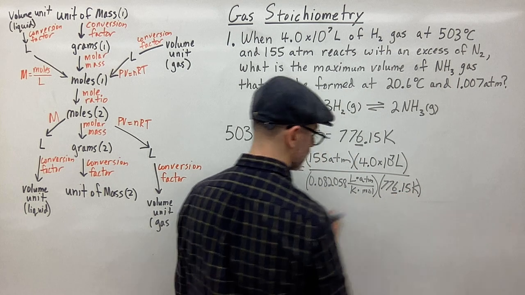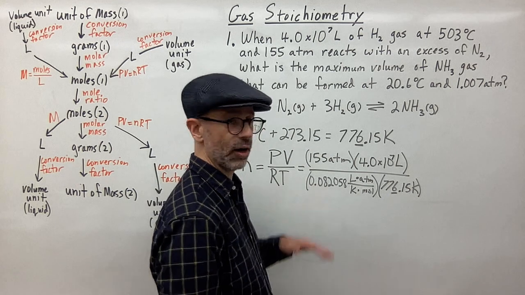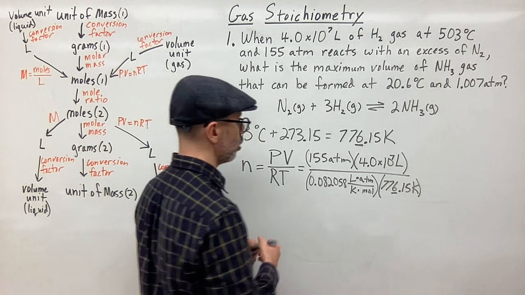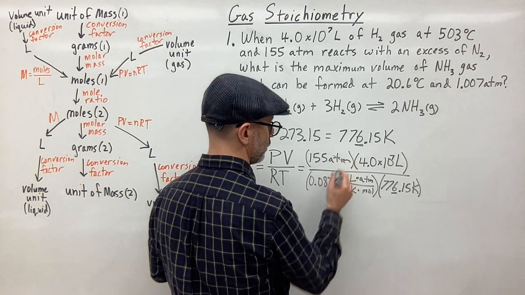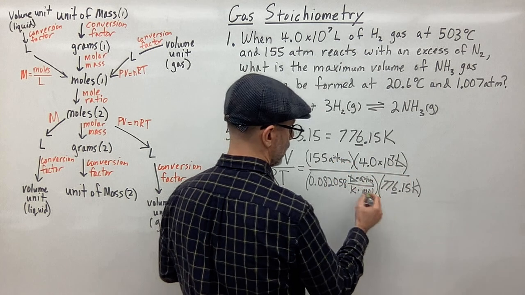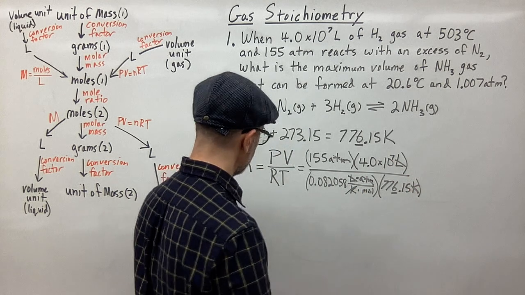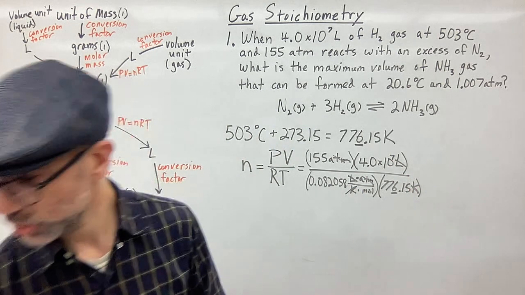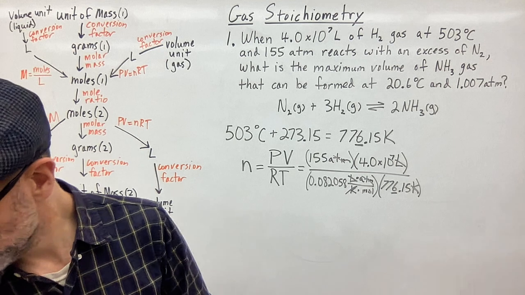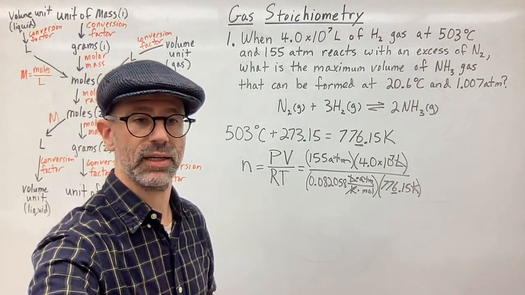Remember that the 6 is our last significant digit. So now we can calculate the number of moles. Notice that atmospheres cancels out, liters cancels out, and Kelvin cancels out, leaving us moles. So when we calculate the number of moles, we get 9.7 times 10 to the 7. Let me double check that.